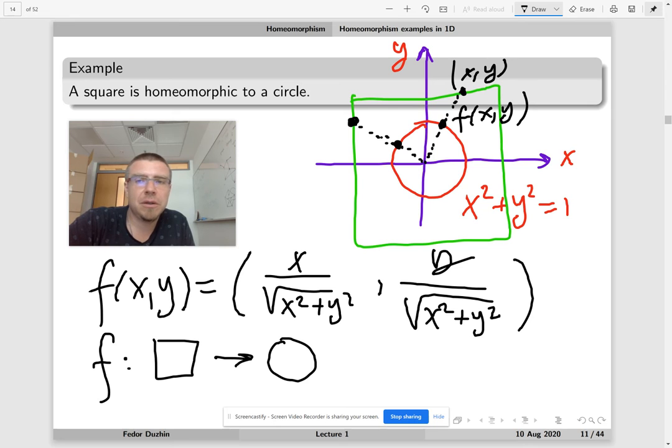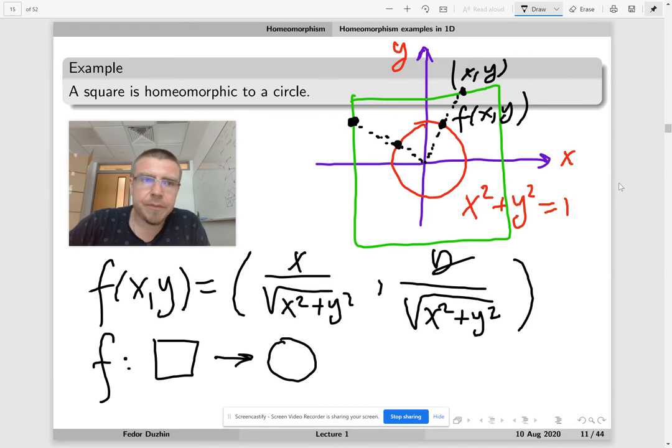I'm not going to do it rigorously, and you will see that most of the time in topology, at least on this level, we don't really do things very rigorously. So if we see that it kind of makes sense from the picture, then we just say, okay, it's correct. So this is the first example where I did not really write down explicitly all the details, but you see that it is indeed a homeomorphism.